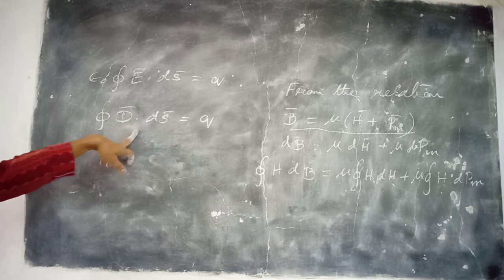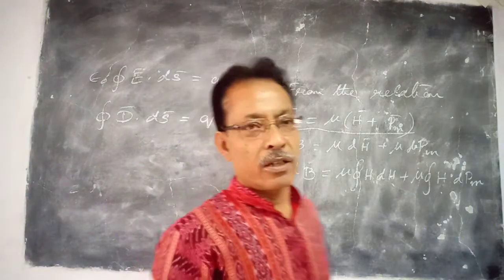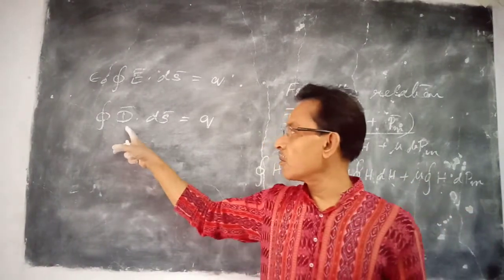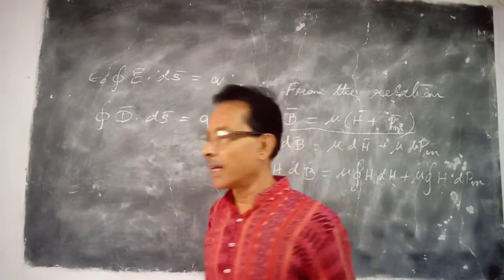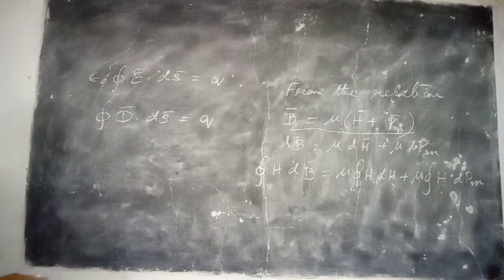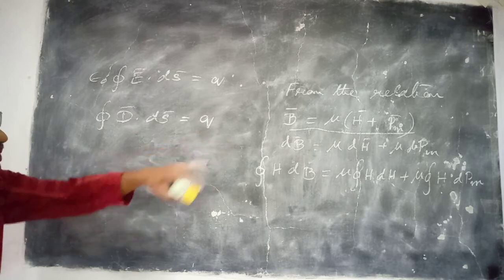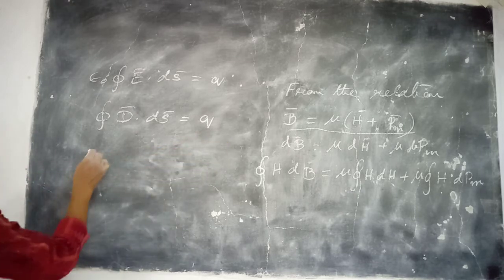In the dielectric material, the effect of polarization of the charges is taken into account by this vector. Similarly, we have to derive the Ampere's law in presence of magnetic material.